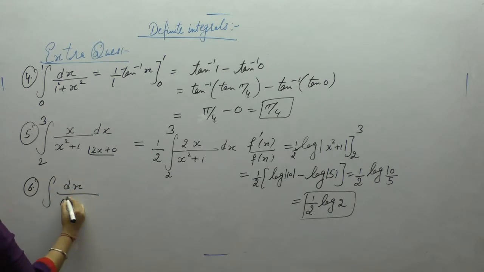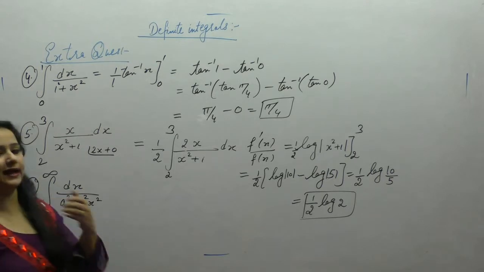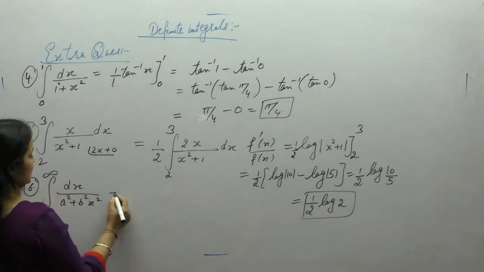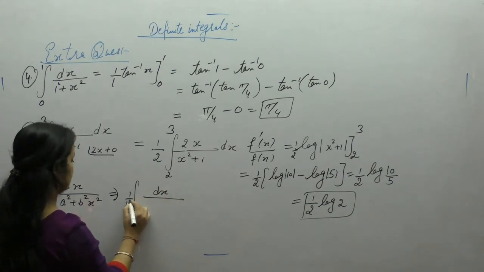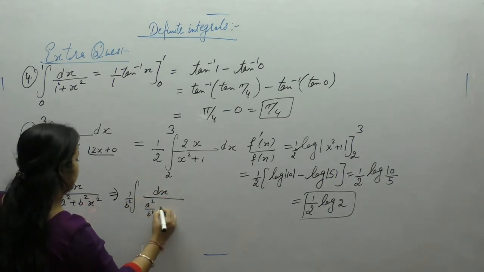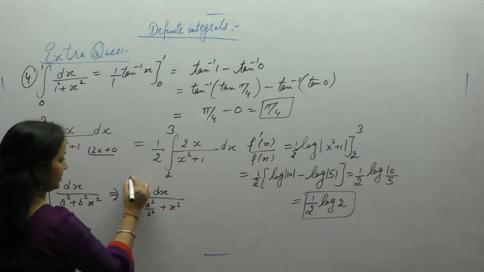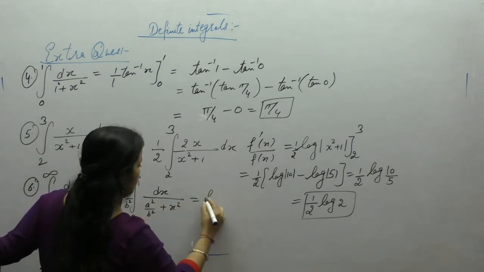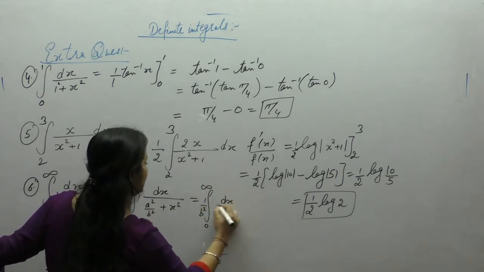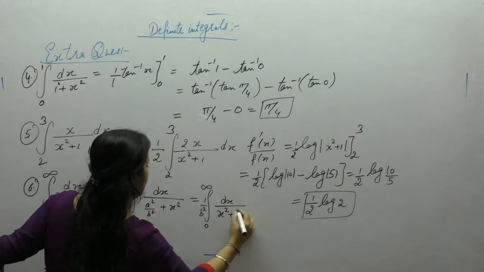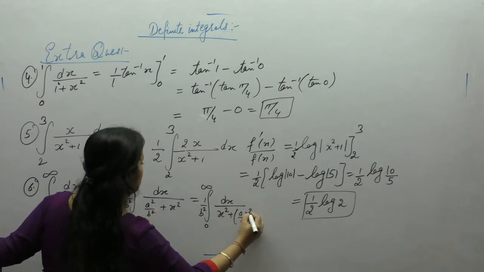dx upon a square plus b square x square and the limit goes from 0 to infinity. First of all, to make the coefficient of x square unity, take b square common. a square upon b square plus x square. 1 upon b square, limit is 0 to infinity, dx upon x square plus a upon b whole square.